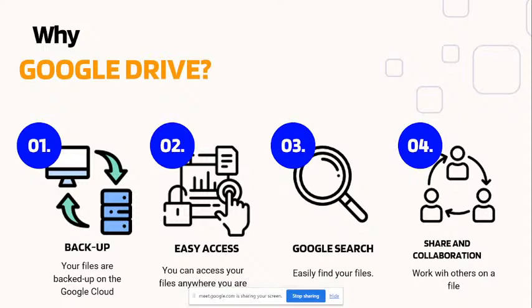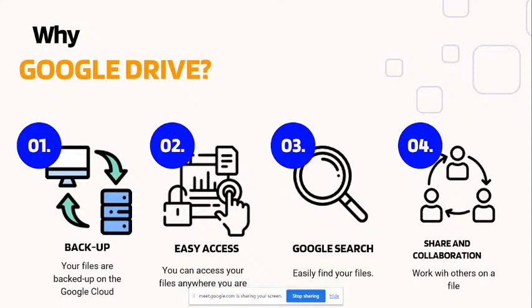So lastly, which is one of the most significant importance, is that you can share and collaborate with others. So working with individuals before, normally if I want to work on a file with anybody, I would have to email that particular file to the person. Then the person will download it on their device, do what they need to do, and then send it back to me, and then it goes back and forth.